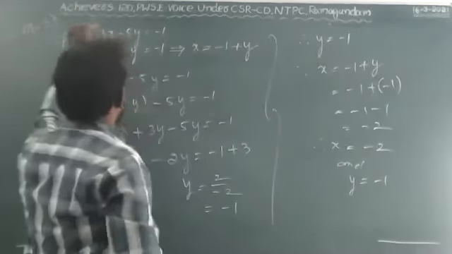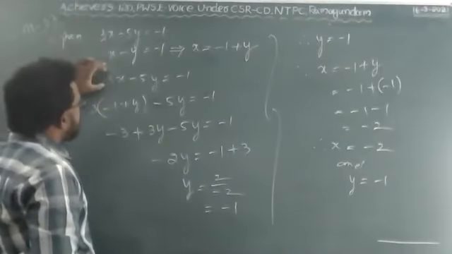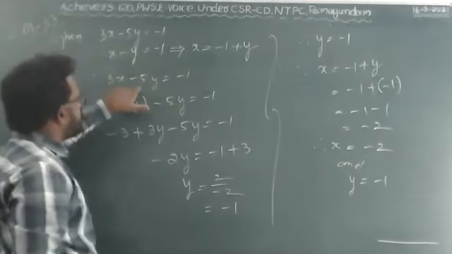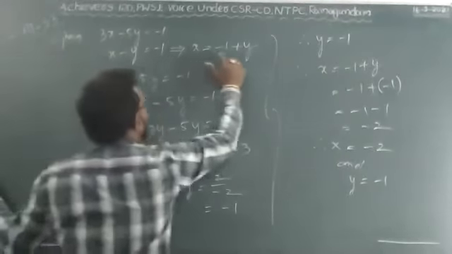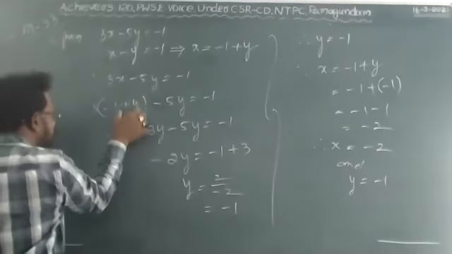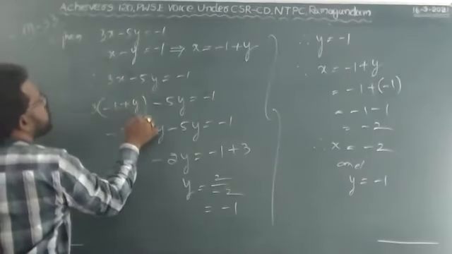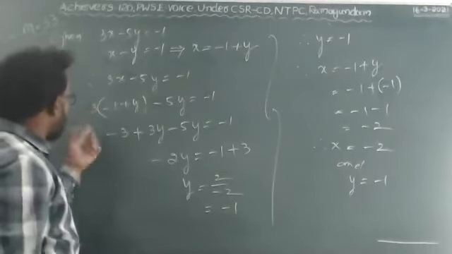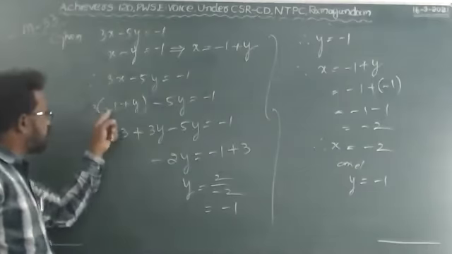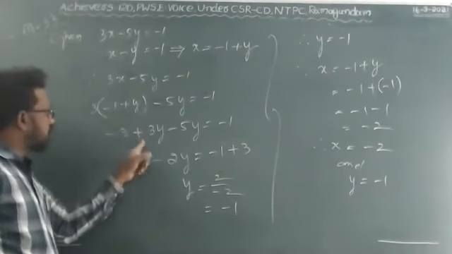This x value I substitute in this equation, 3x minus 5y is equal to minus 1. I am substituting the x value here: 3 of minus y plus 1, minus 5y is equal to minus 1. So what happens? 3 into minus y is minus 3y, plus into plus, plus 3.